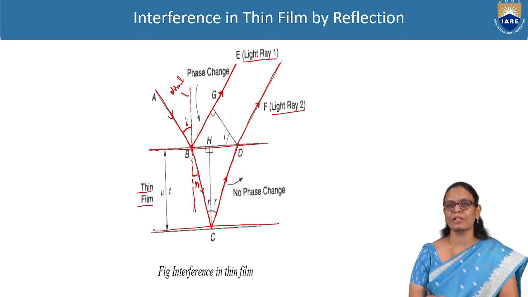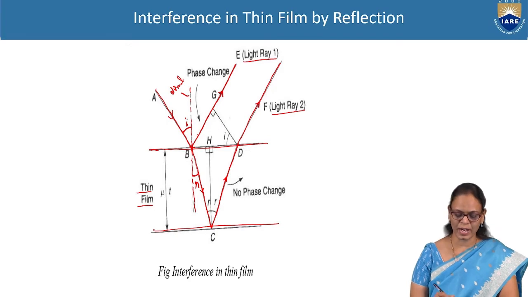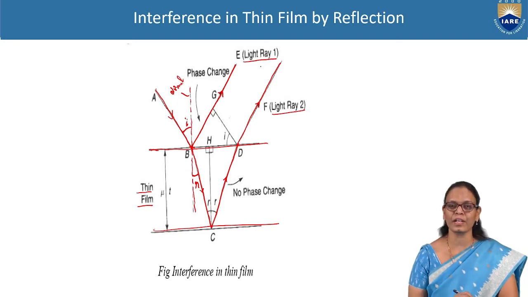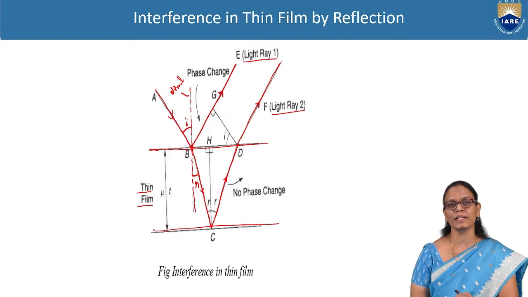From the geometry of the figure, we understand that the path traveled by light ray 2 is more than the path traveled by light ray 1. To understand interference, we have seen the conditions: when these light rays are in phase, it gives rise to constructive interference, and when they are out of phase, it gives rise to destructive interference.